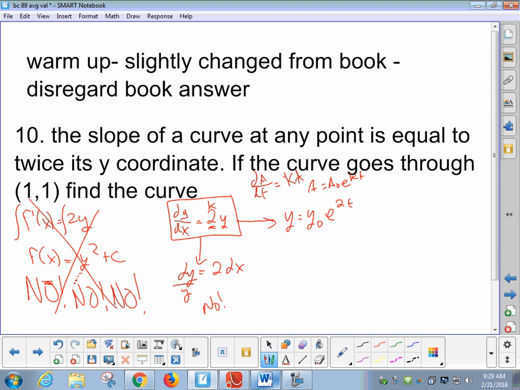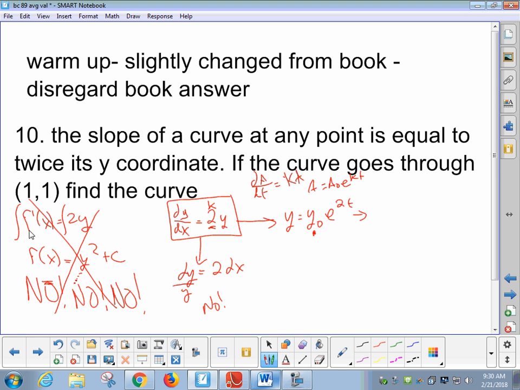Now that's not quite complete. What now do I do? There's no c, although if we integrated it would have had a c, that's true. That c would actually have been rolled in here. That's kind of the c, sort of. So how do you find that?